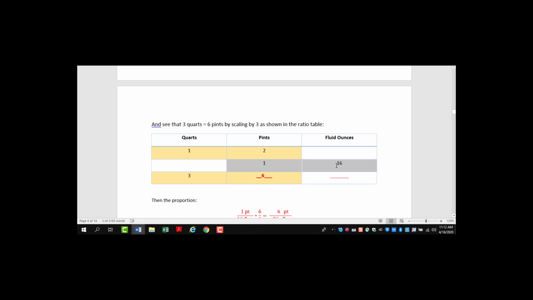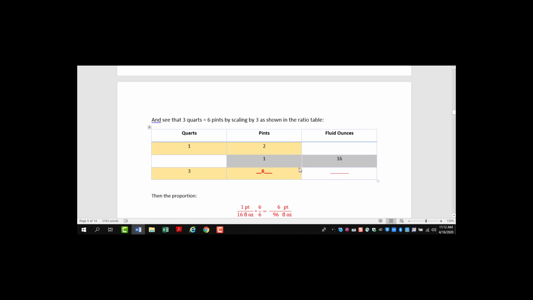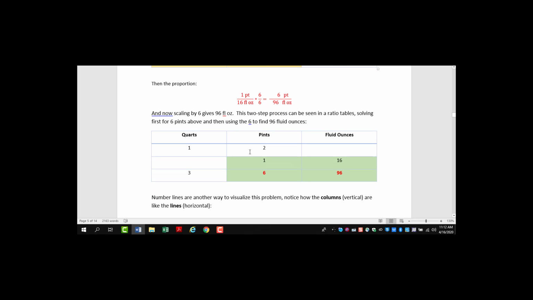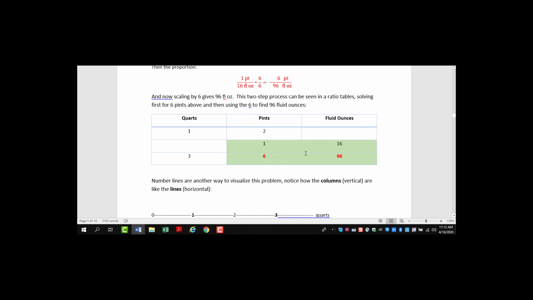Here it is. 1 pint is 16 fluid ounces. So we have 1 pint is 16 fluid ounces multiplied by 6, and we get 6 pints is the same as 96 fluid ounces. So 96 would go there. And so we put that in.